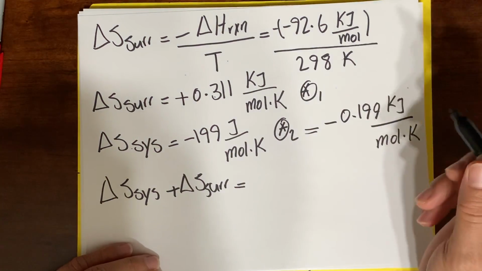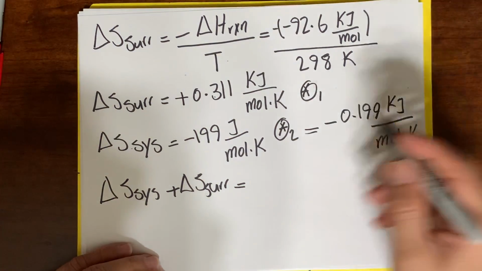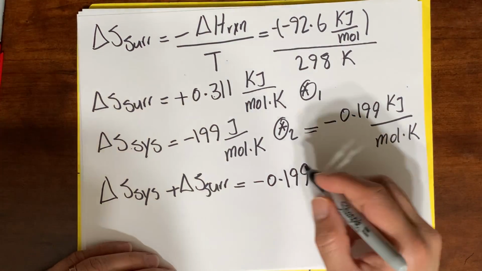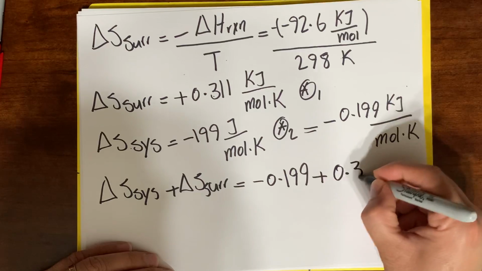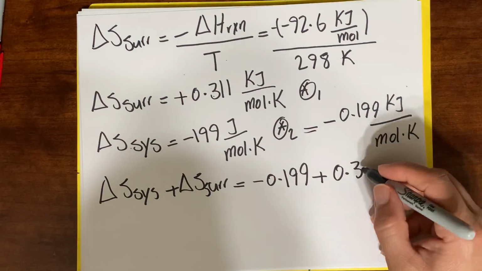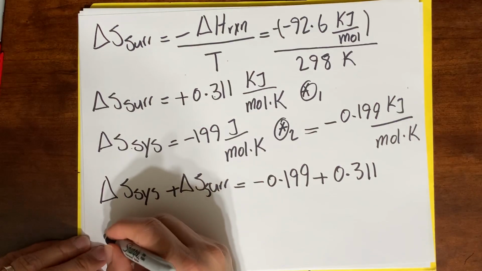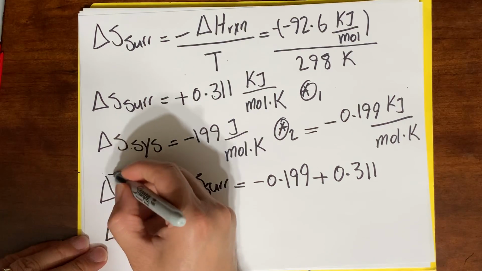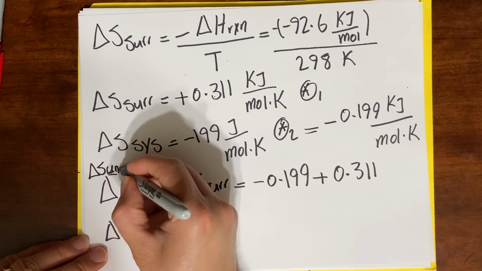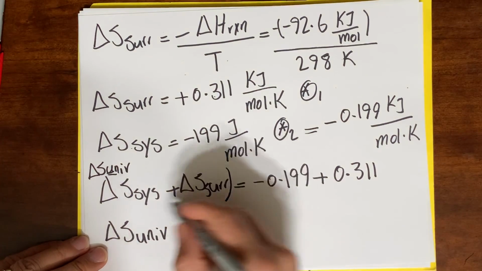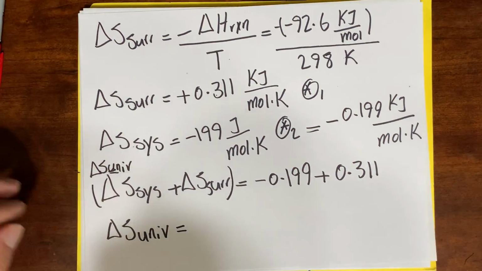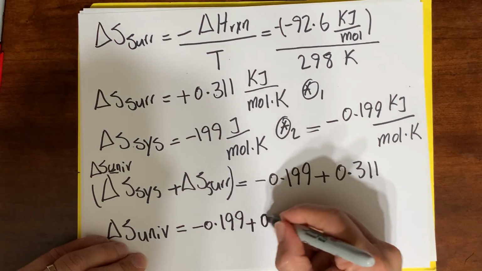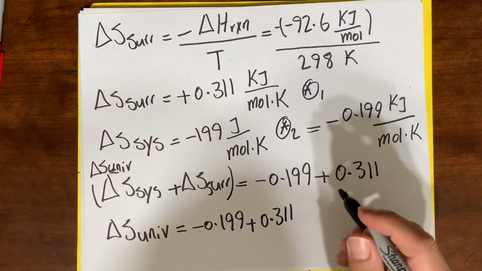Delta S of the surroundings is a positive number, so delta S of the universe, which is equal to this number, is a positive number.